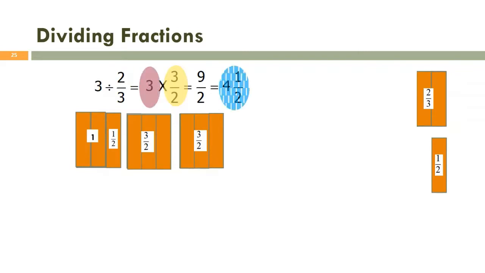Here is a 3, and when I have to talk about 4.5, I could connect this 4.5 to the fact that I use 1 2/3, 2 2/3, 3 2/3, and then a 4th one, and then a half of it, 4 and 1/2.